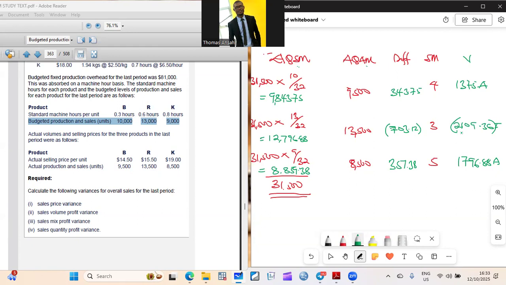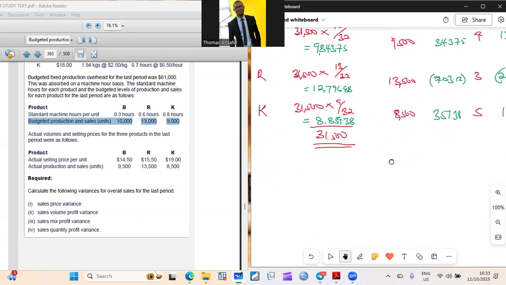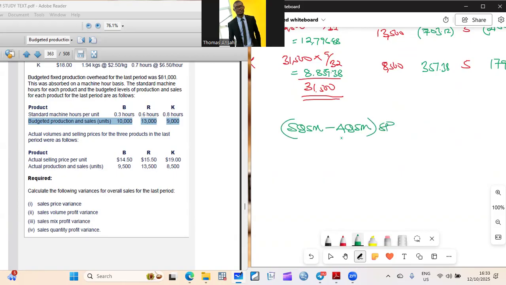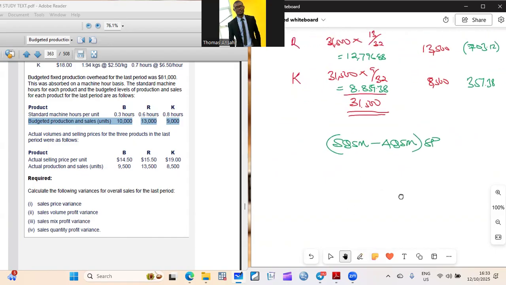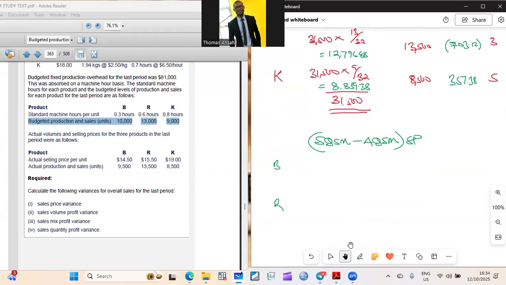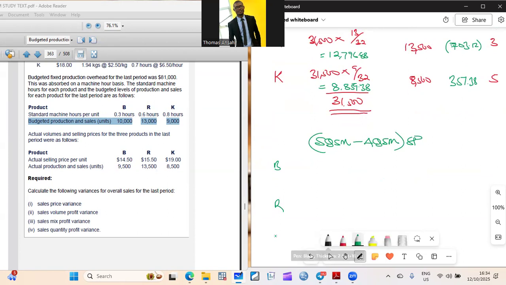All right. So what about the last one? Sales quantity. What's the formula? SQSM minus AQSM times standard profits. So the same thing. Set up your material. We have BRK. But one of them has been done for you already, so it shouldn't be a problem.